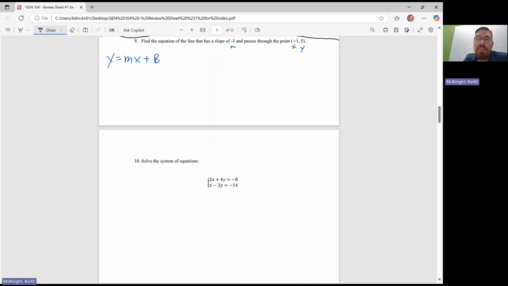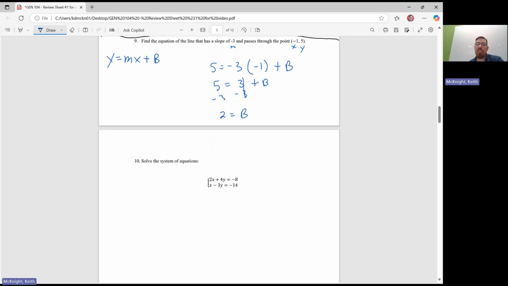So we get 5 has to equal m, which is negative 3, times x, which is negative 1, plus some b value that we do not know yet. So we're going to solve for b now. Negative 3 times negative 1 is 3, so 5 is equal to 3 plus b. To solve for b, we'll subtract 3 from both sides. Those will cancel, so we get 2 is equal to b.